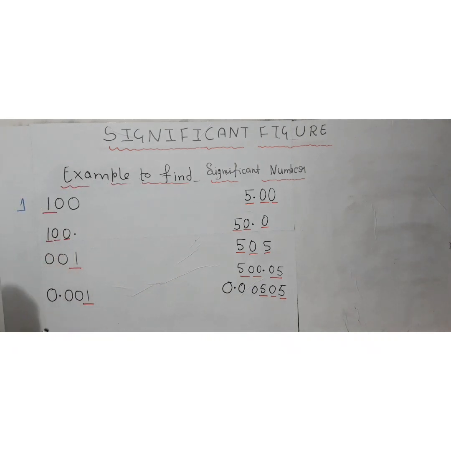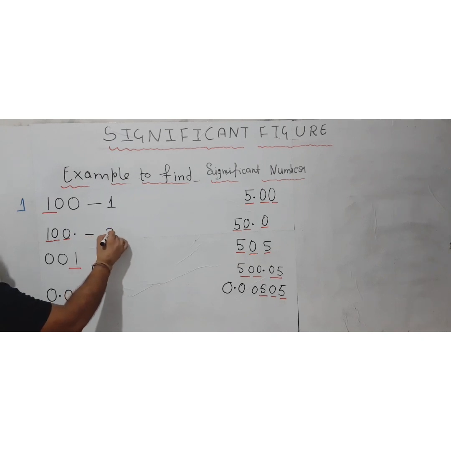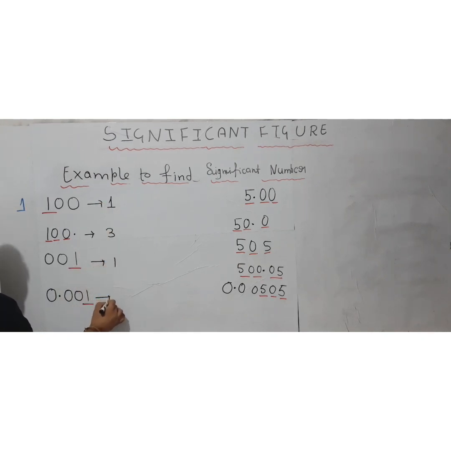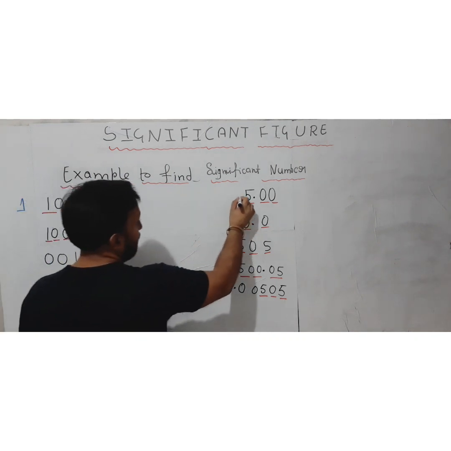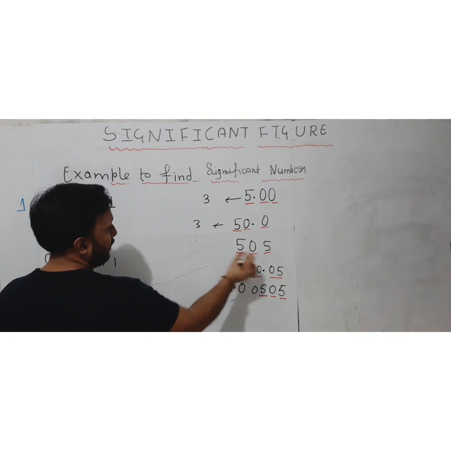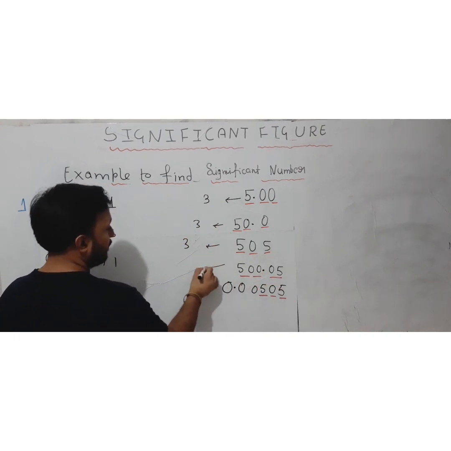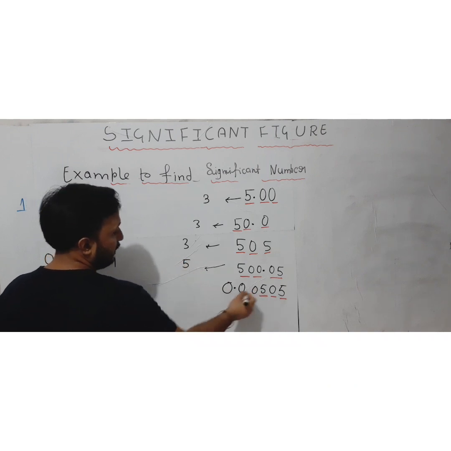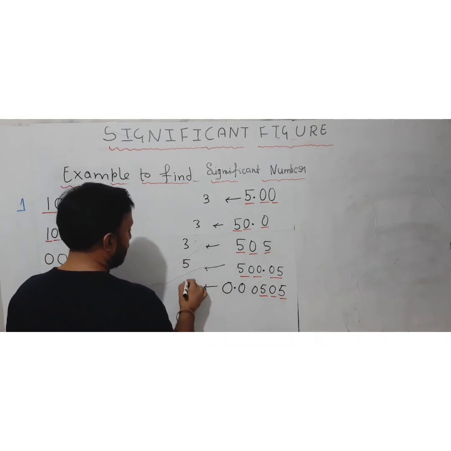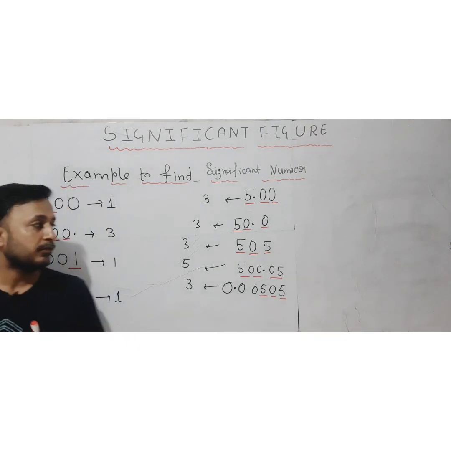So what we conclude, in this case only 1, in this only 3, in this case 1, in this case again 1, in this case all 3, in this case again 3, in this case again 3, in this case all, it means all 5, and in this case again 3. So that is how you determine the number of significant figure.